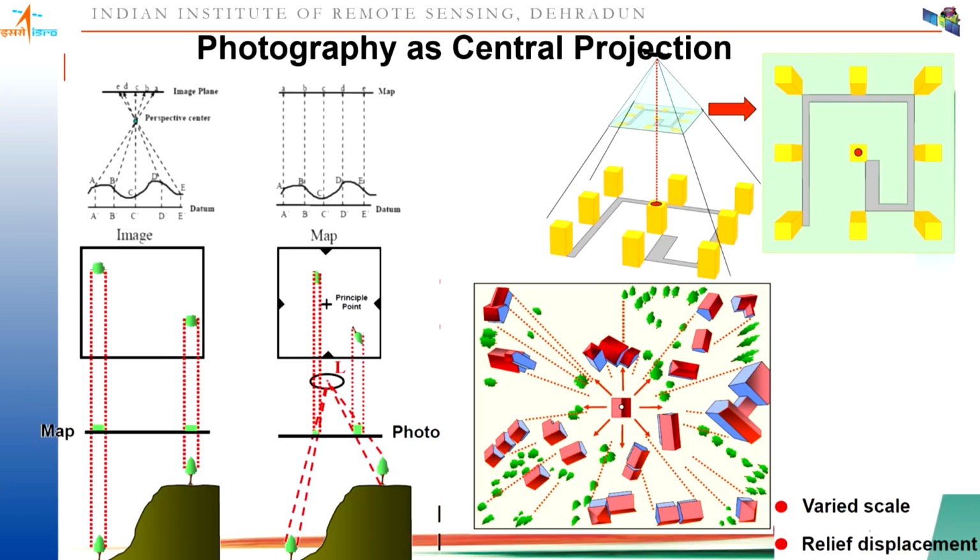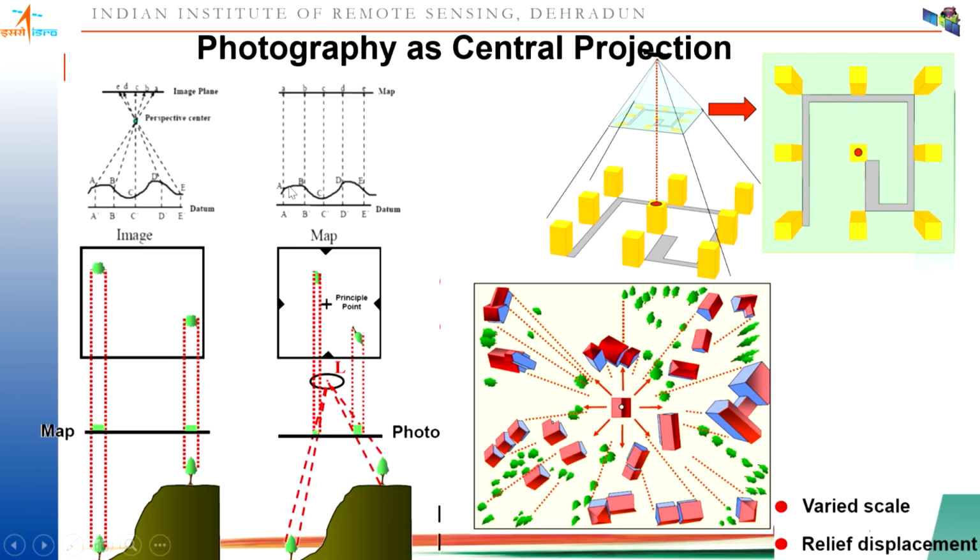Now, as I have already said, photography is a central projection. What does central projection mean? As you can see here, this is a map. In a map, all the features of the ground are projected with rays which are 90 degrees to the ground surface.